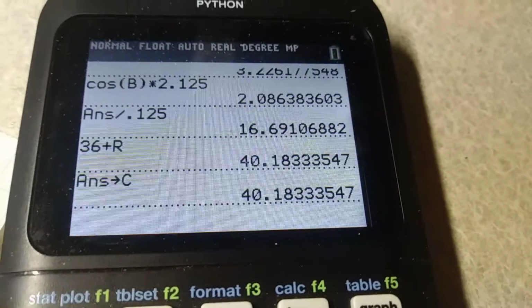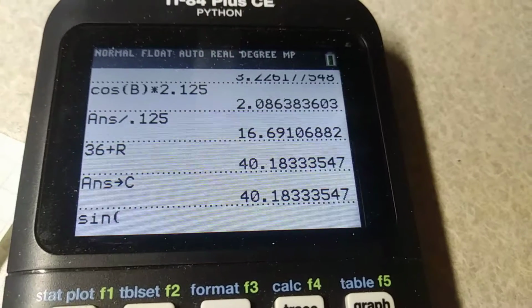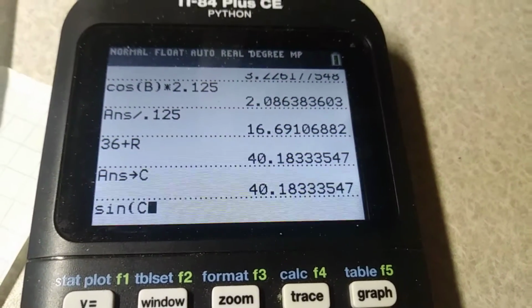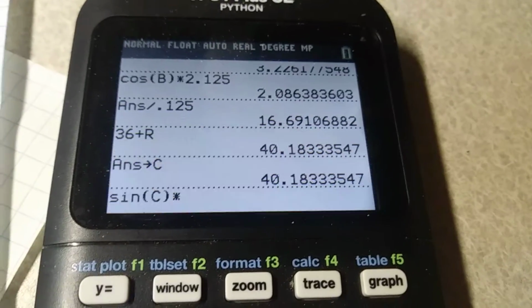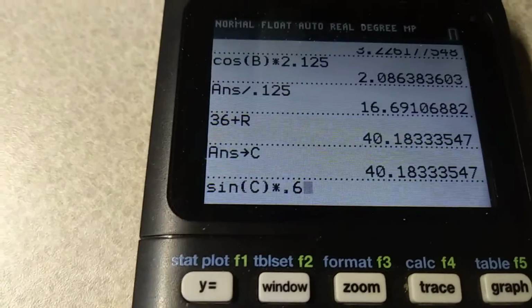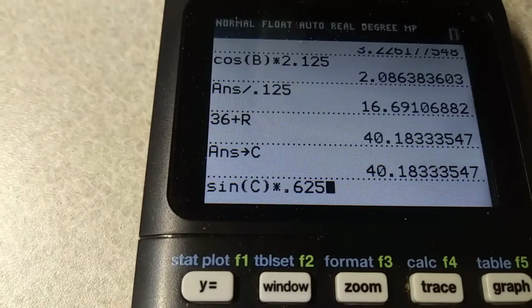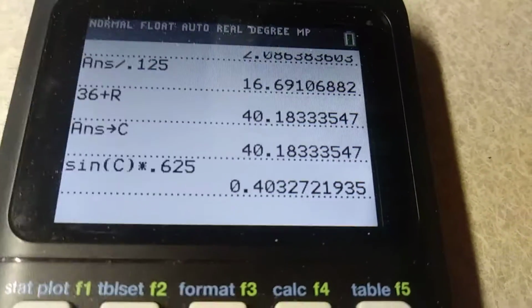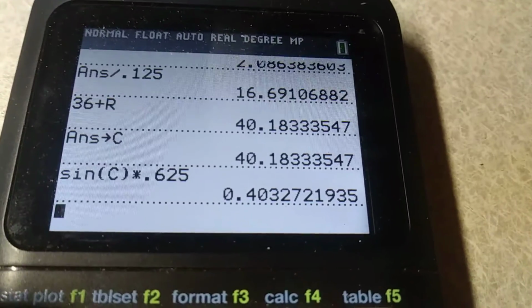Okay, now sine C times that shorter radius, the orange one, was right there, 0.625. See that number's the same? 0.403.